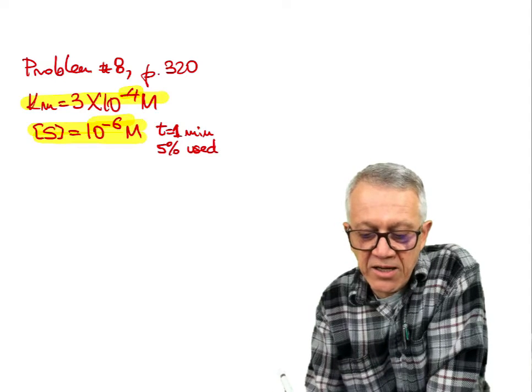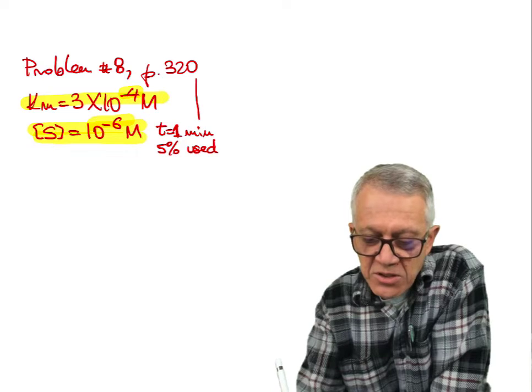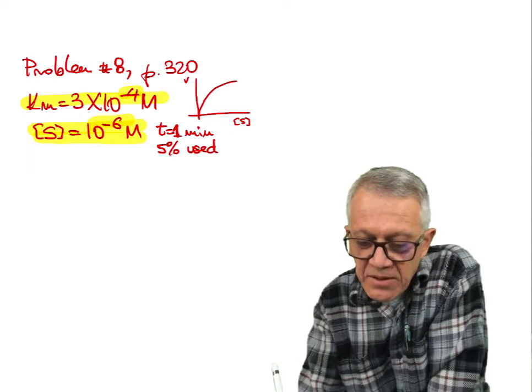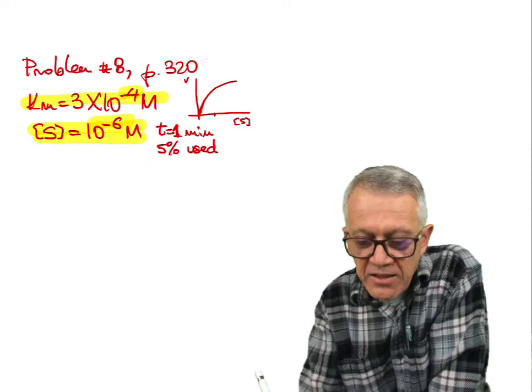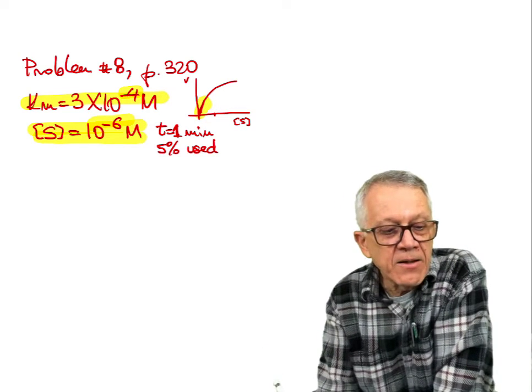So what can we tell about this? We always have to remember that we are below the Km, way below the Km. So you are in what we call the first order region of that graph, right?